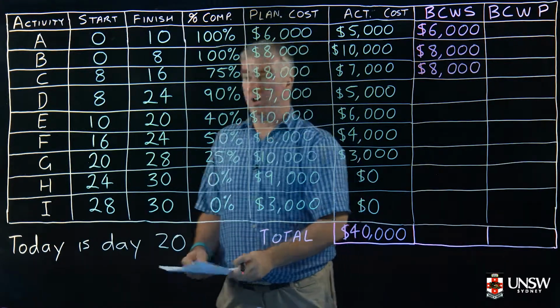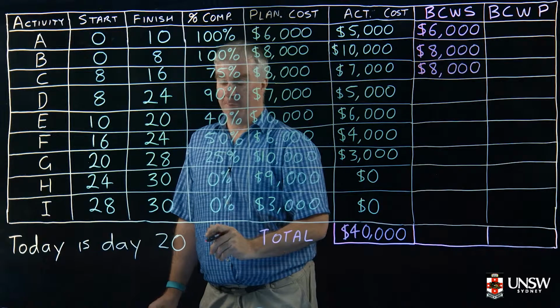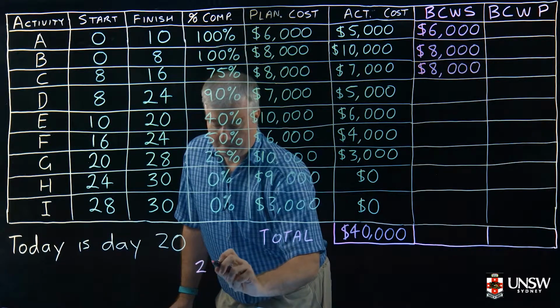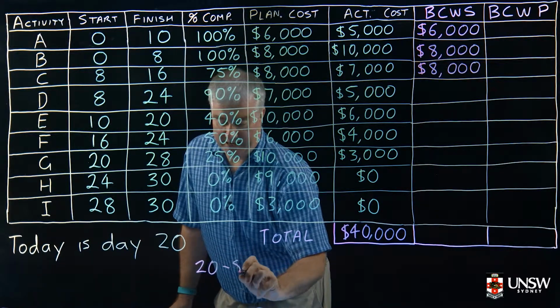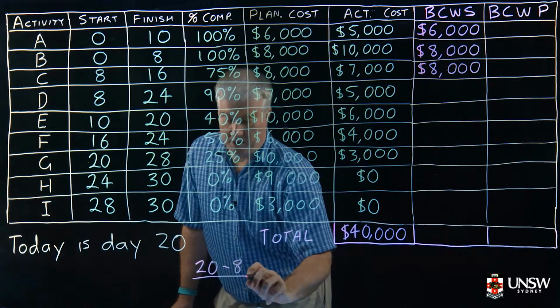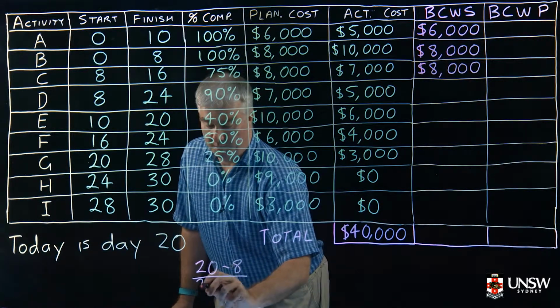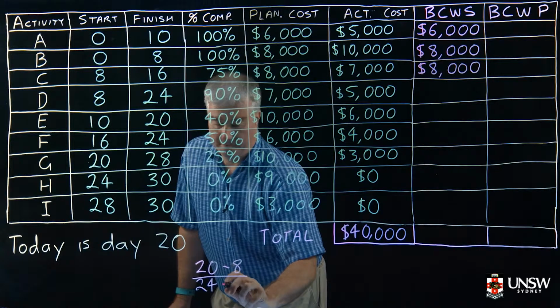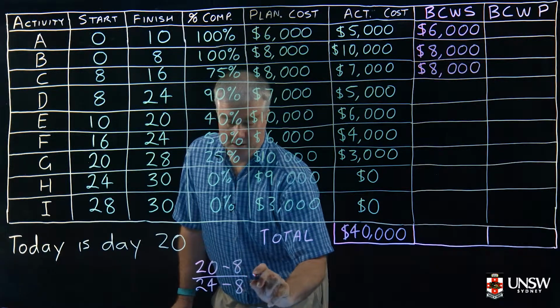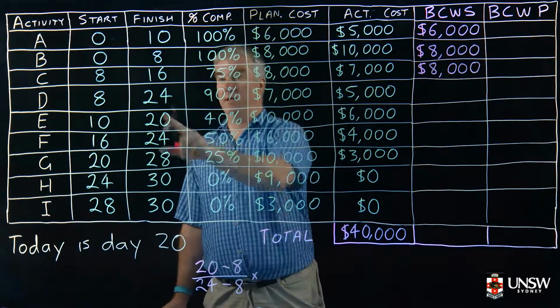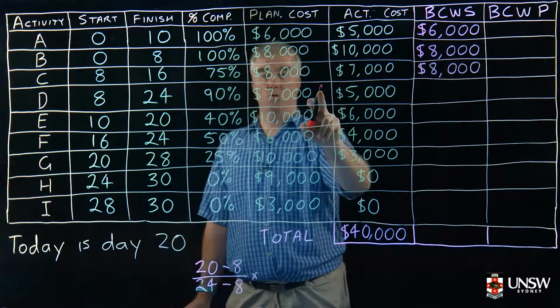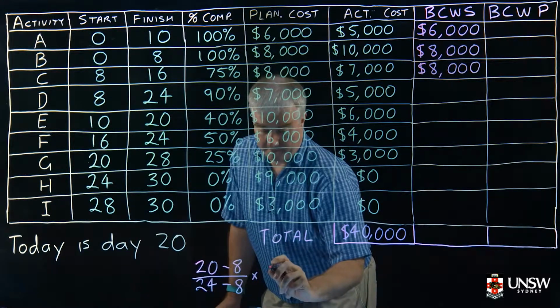So what we've got is 20 minus 8, divided by 24 minus 8, times the cost of this activity, which was $7,000.